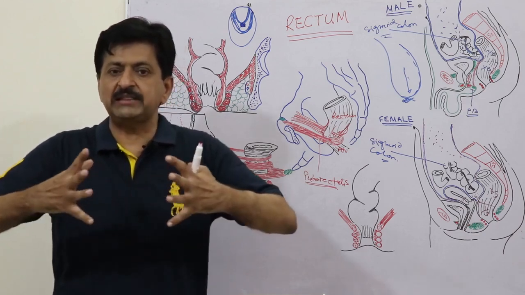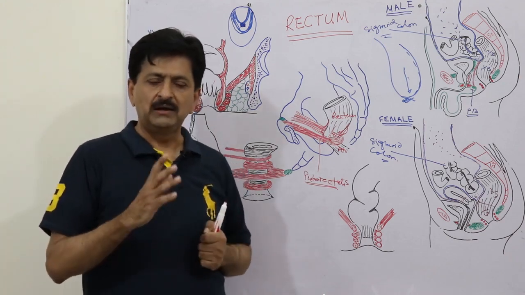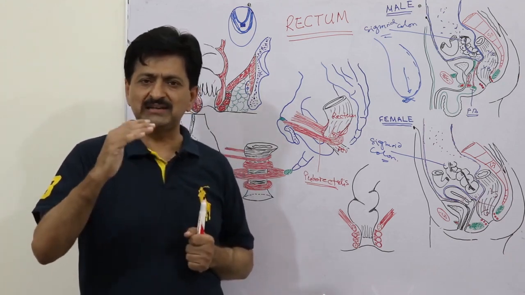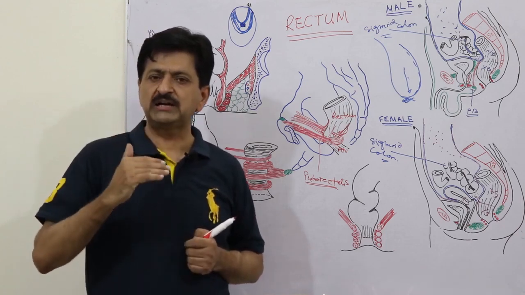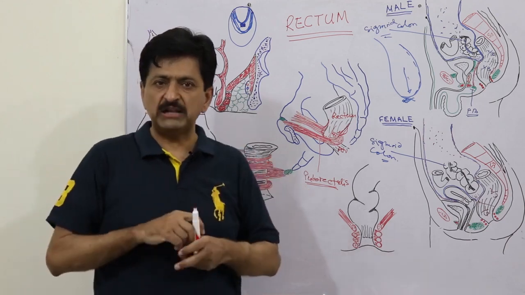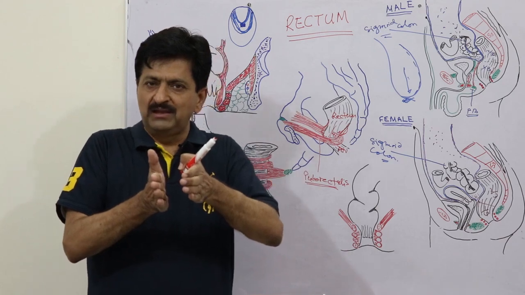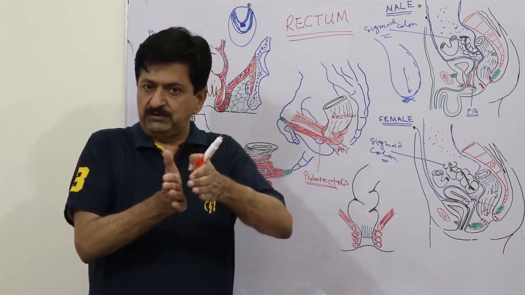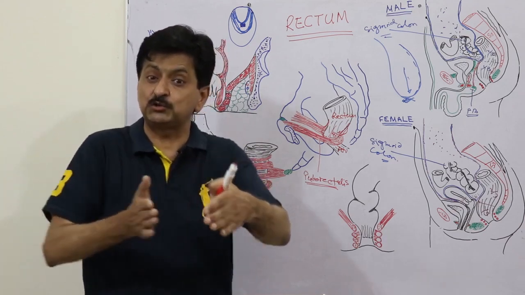But at the same time it also has lateral curves, three lateral curves, which informally divide the rectum into three portions: the upper third, middle third and lower third. They are curved, one curve in one direction, another in another direction, the third in yet another direction, so it is like a zigzag.